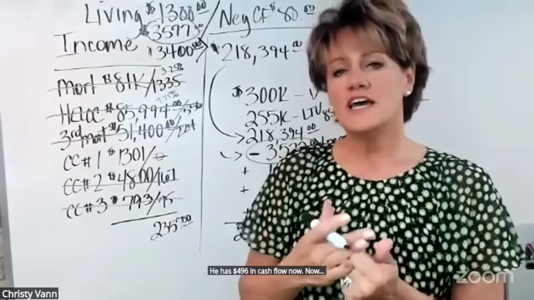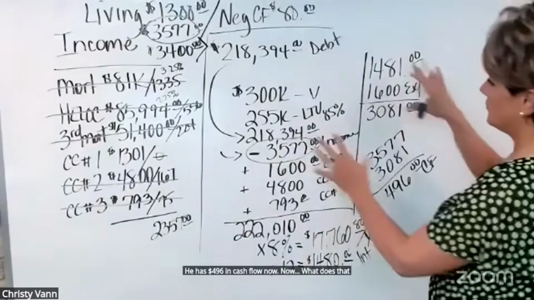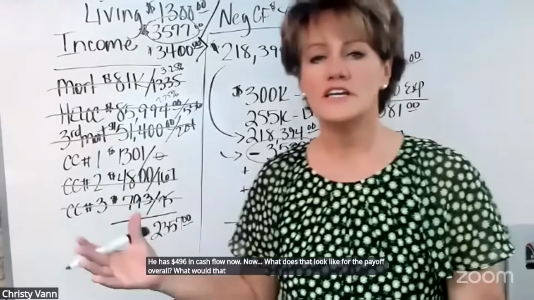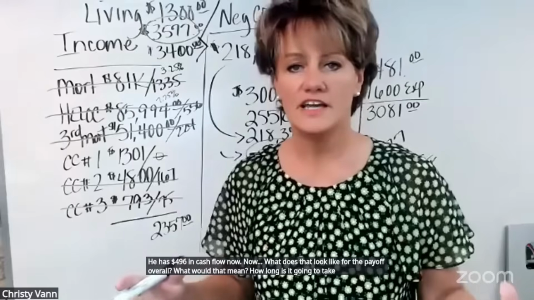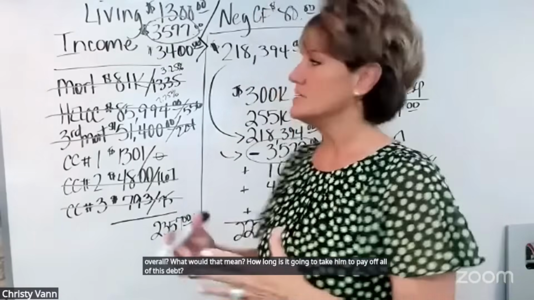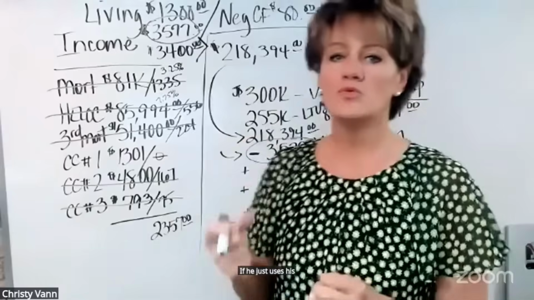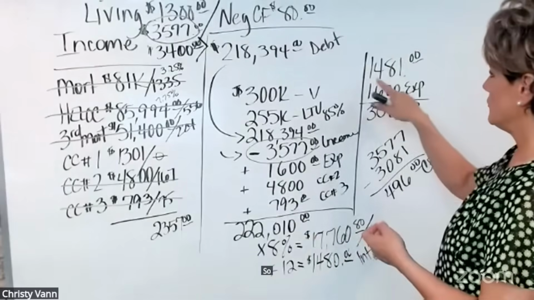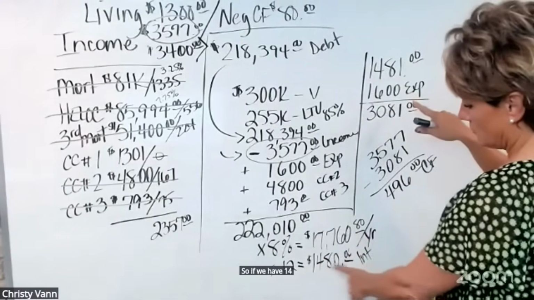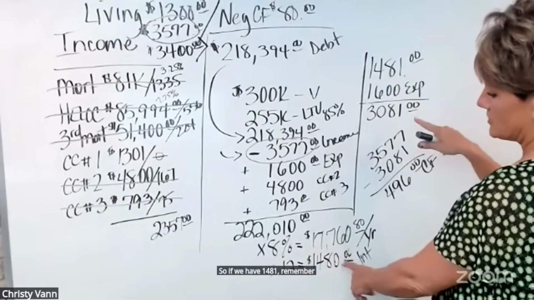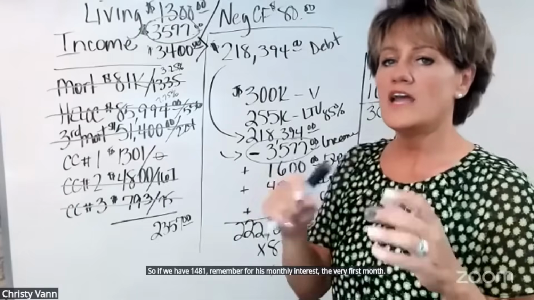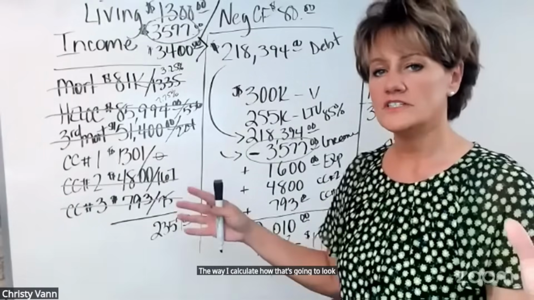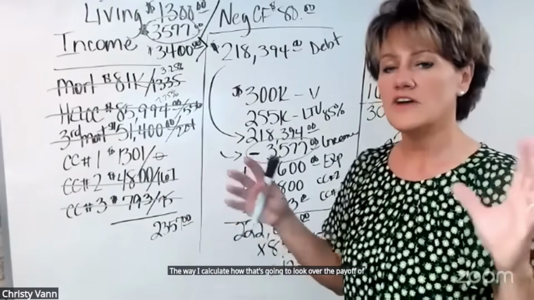Now, what does that look like for the payoff overall? What would that mean? How long is it going to take him to pay off all of this debt if he just uses his retirement income only? What does that look like for him? So if we have $1,481, remember, for his monthly interest the very first month, the way I calculate how that's going to look over the payoff of this whole amount, I divide it by 2.